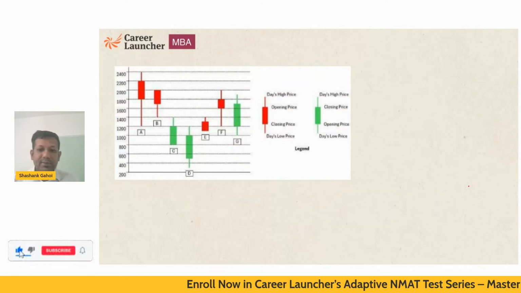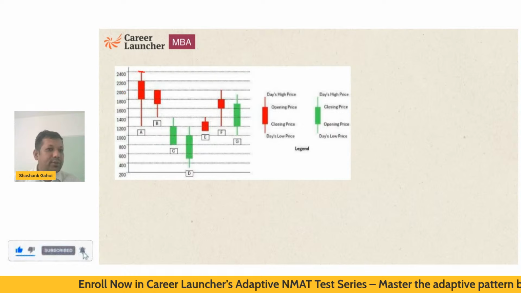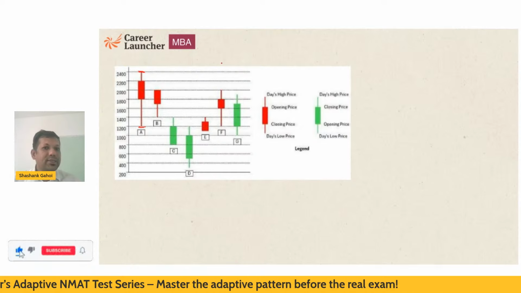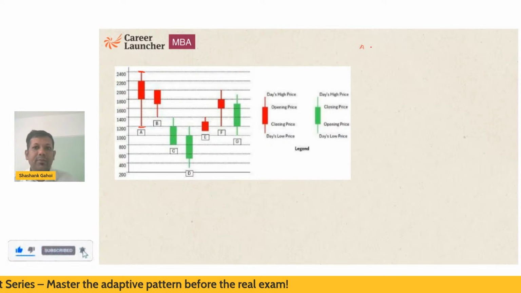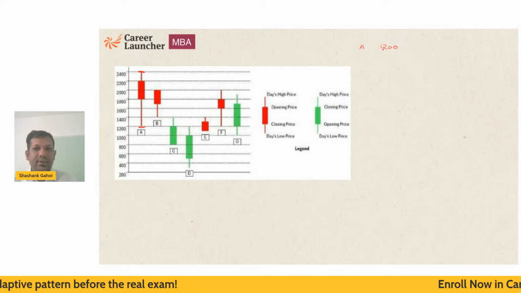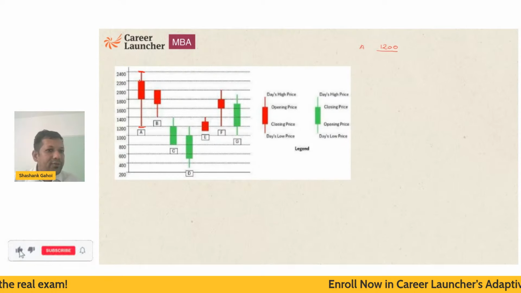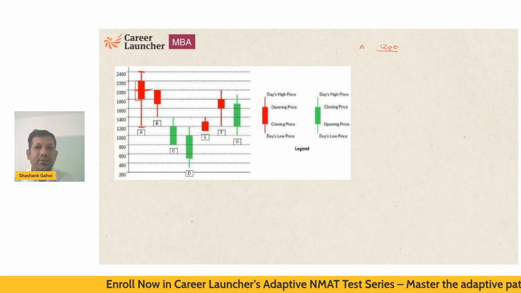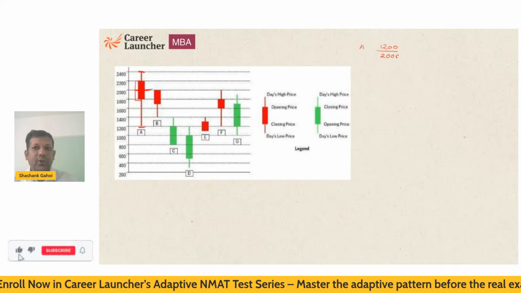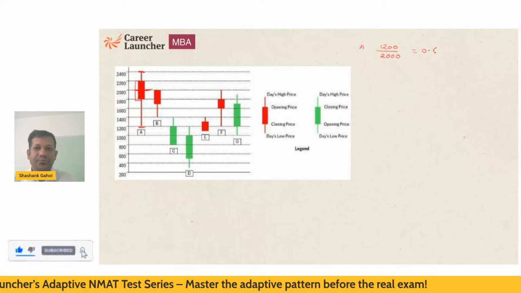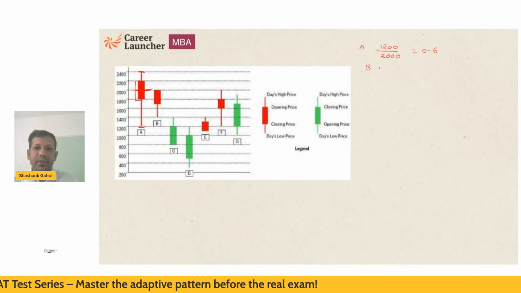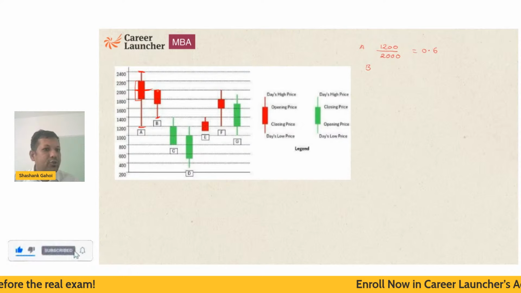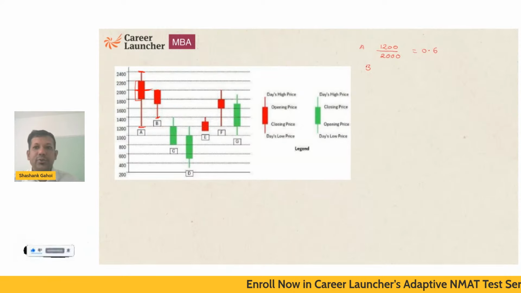If I look at A, the high price minus low price is 1200, divided by the average, which is going to be 2000. So for A, it is 0.6. For B, high price minus low price is 2000 minus 1400, that is 600.